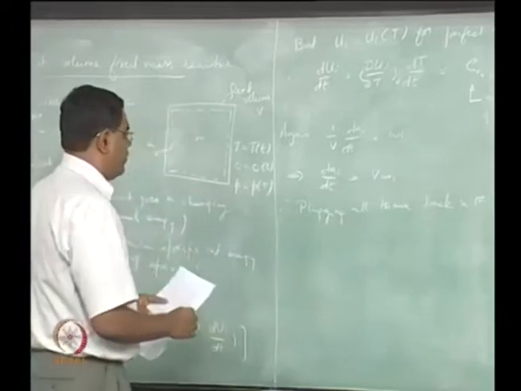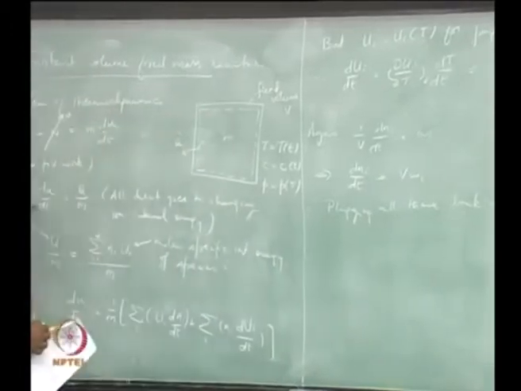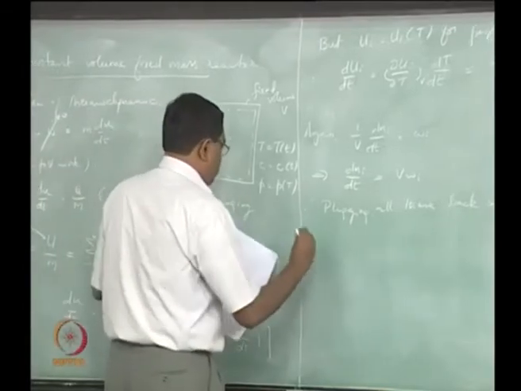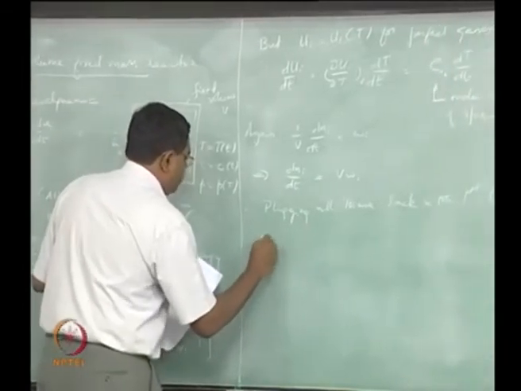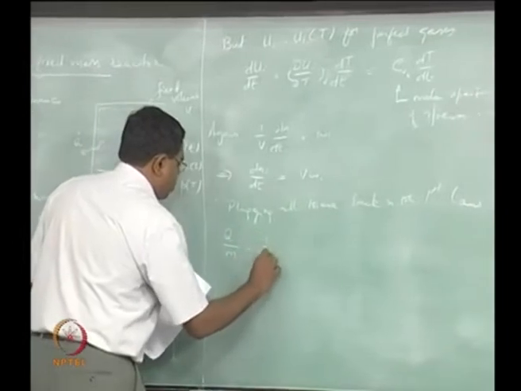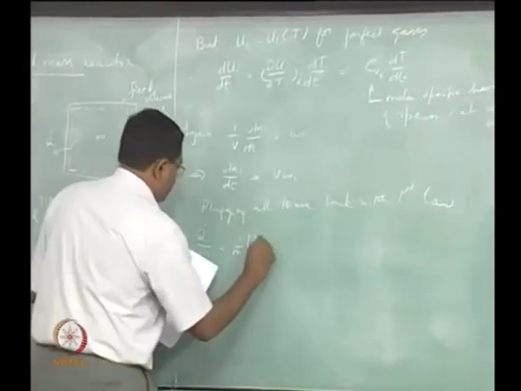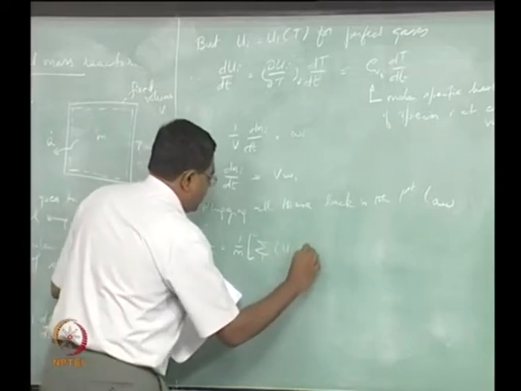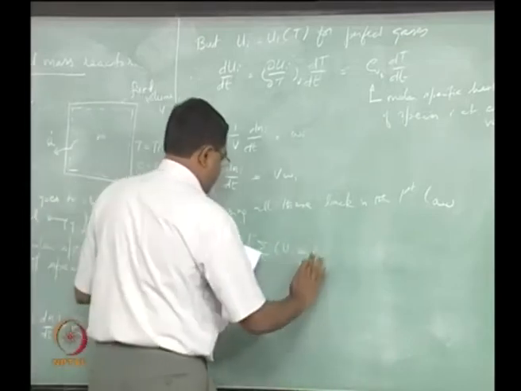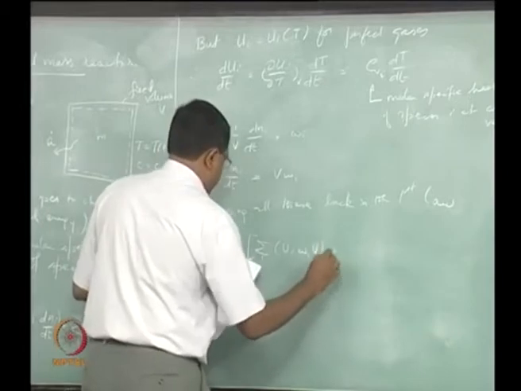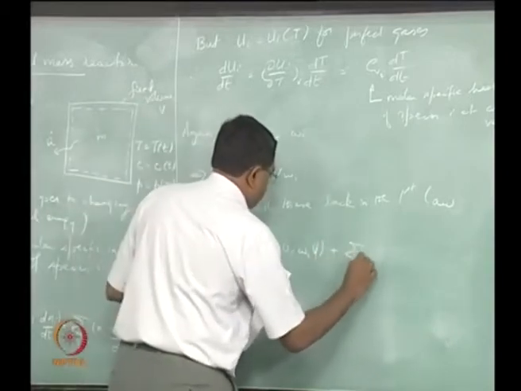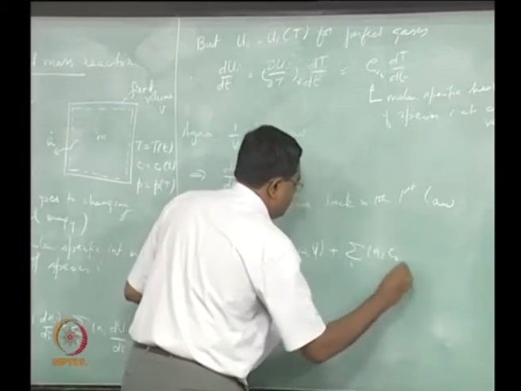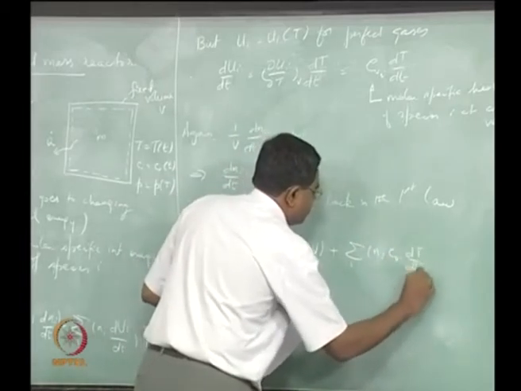We plug all these three back in the original equation and you can now get q dot divided by m equal to 1 over m sigma i capital Ui omega i times V plus sigma i Ni capital Cvi dT over dt.